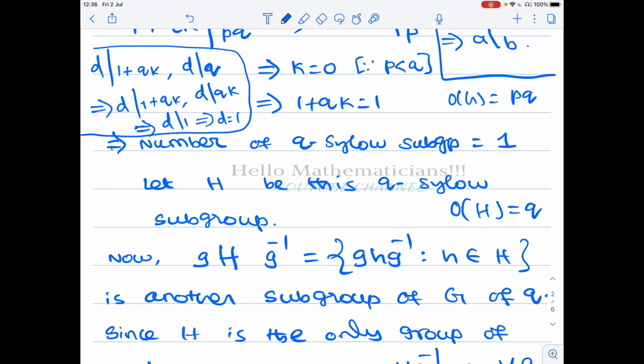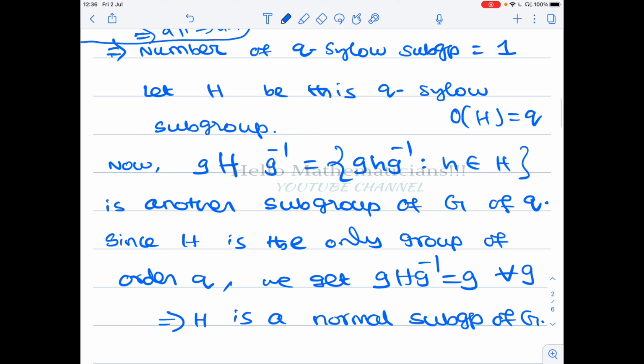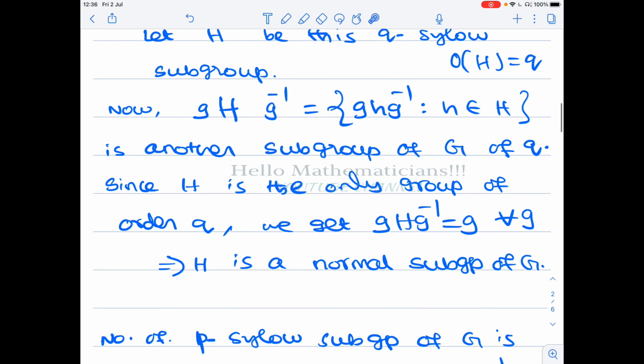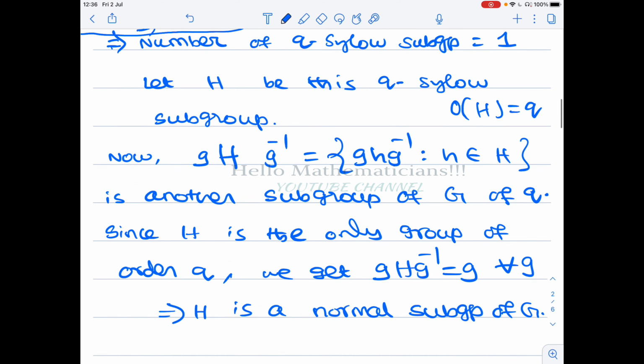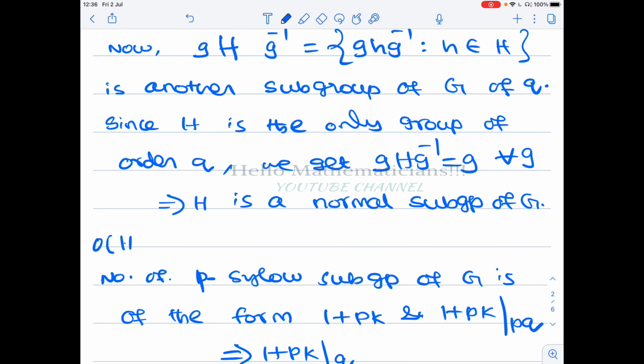Let's continue. Now, what is gHg inverse? By gHg inverse, we mean the set of all ghg inverse such that h is in H, where g is a fixed arbitrary element from G. Now you can prove that this is a subgroup. For a subgroup H, gHg inverse will always be a subgroup, and the order of H is equal to the order of gHg inverse.